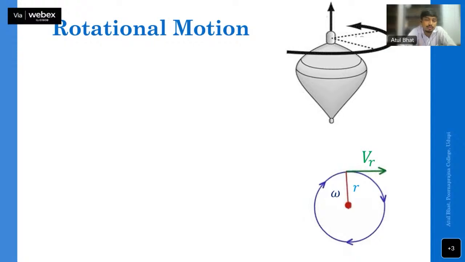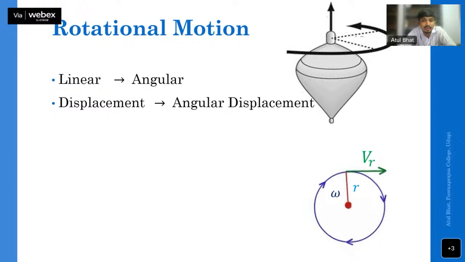And when we talk about rotational motion, we'll come across so many different terms which we are here to find out. So when we have linear, any property that is linear, in rotational motion there is an equivalent angular property. It's not equal, it is equivalent angular property. So for example, we have displacement. In rotational motion, we've got angular displacement.